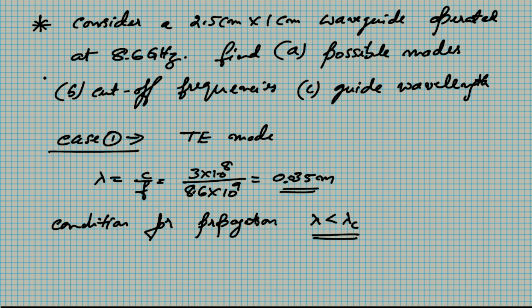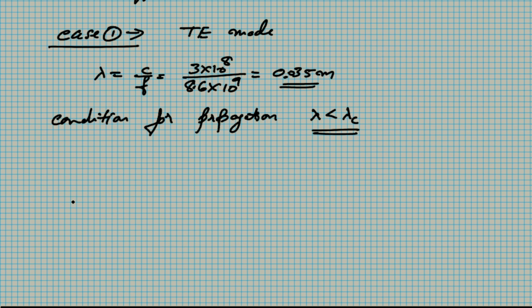Now you see 8.6 is fixed, so lambda is fixed. I just need to calculate the lambda c values of all the modes which I want to check. So first check TE01. TE00 does not exist, so let's calculate TE01. What is the equation for lambda c? I think for TE01 it is 2b, correct?